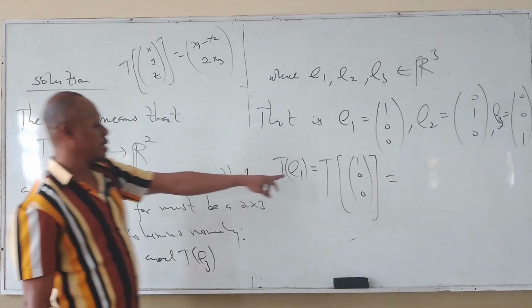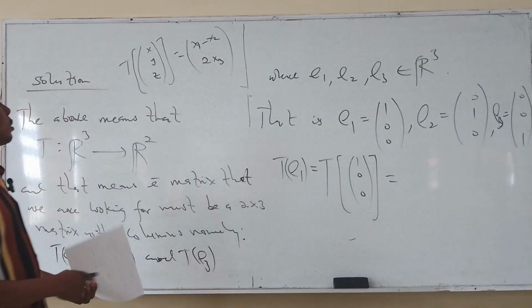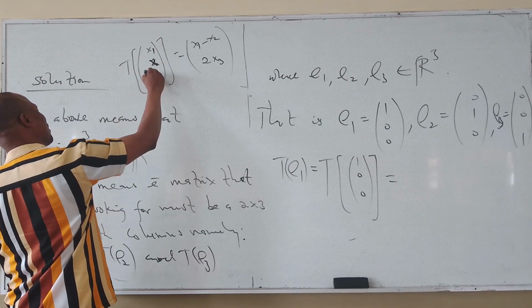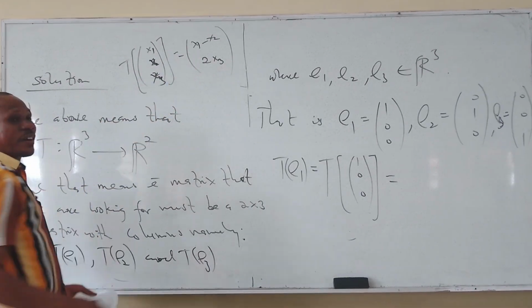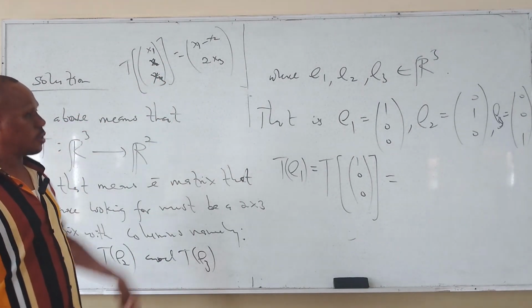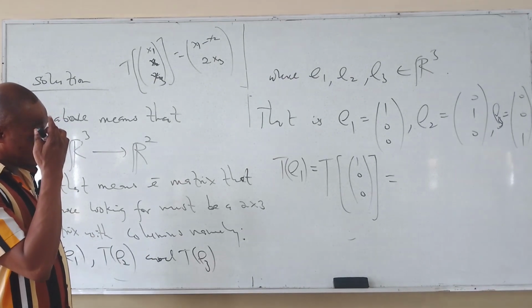Remember, as I said, this is x1, x2, x3. Sorry for that. So that's x1, x2, x3.